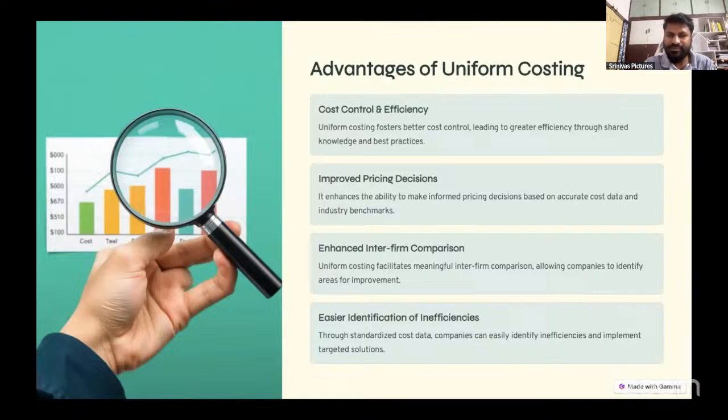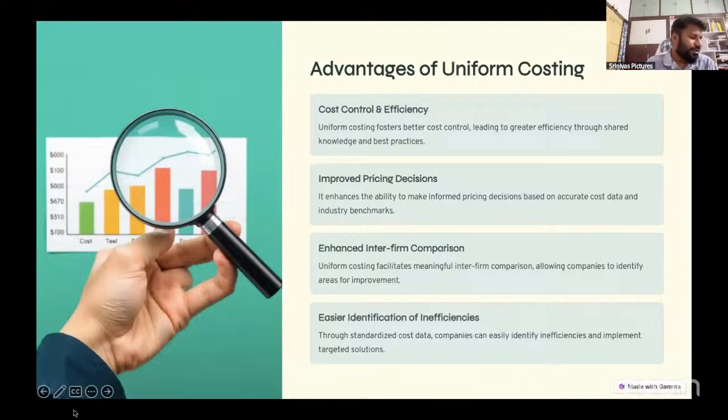Enhanced inter-firm comparison: uniform costing facilitates meaningful inter-firm comparison, allowing companies to identify areas of improvement. When you compare with your competitor or another firm, you are able to know your position, and when you know your position, you can automatically identify areas to improve. Easier identification of inefficiencies: while implementing uniform costing, you are able to identify inefficiencies easily. So these are the advantages of uniform costing.